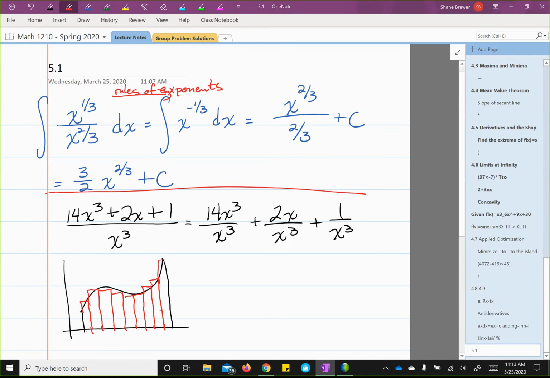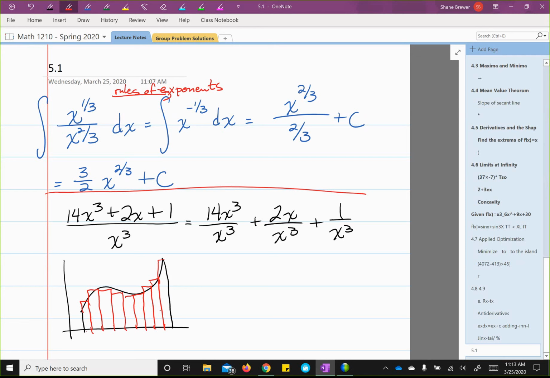If I truly want that area, I want the number of those rectangles to go to infinity. So I'm going to set up things so that I find a limit as n goes to infinity, where n is the number of rectangles, right? And it's really cool. We end up with the exact area using limits. So that's what you're going to see the beginning of in 5.1 and in 5.2.